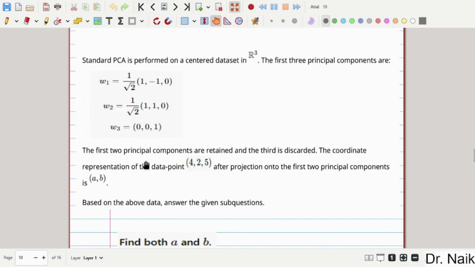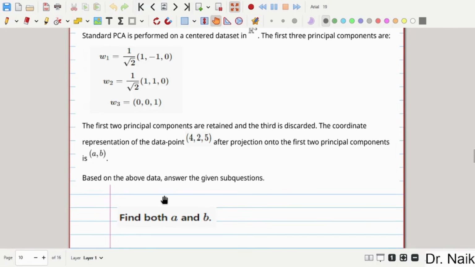The first two principal components are retained and the third is discarded. The coordinate representation of the data point (4, 2, 5) after projection onto the first two principal components is (a, b). Based on the above data, answer the given sub-question. The question is, find both a and b.